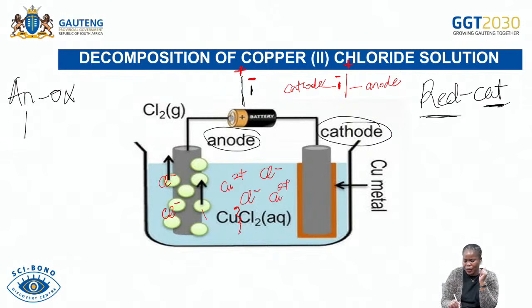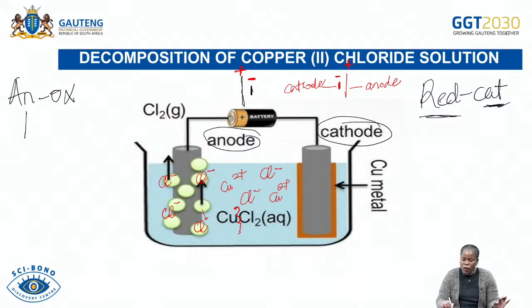Here's my Cl- being attracted to this one, and because chlorine exists in the form of a gas, how we know chlorine has formed on this electrode is that you're going to see greenish bubbles all over it. So all these greenish bubbles are chlorine. And then on this side there's going to be a reddish brown coating.